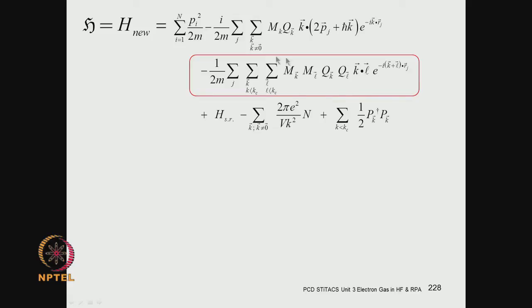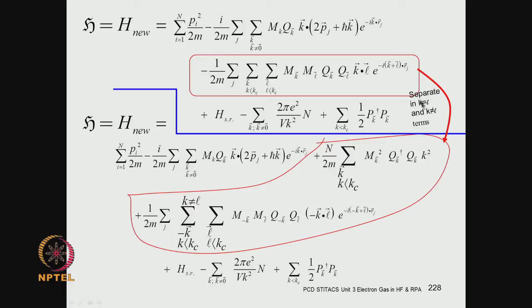Now, this term looks a little complicated, right? This is the messy term. It is quadratic in the auxiliary coordinate q. This is the one which we separated into k equal to L and k not equal to L terms, right? And on separation it gave us a combination of this term and this new Hamiltonian is now rewritten.